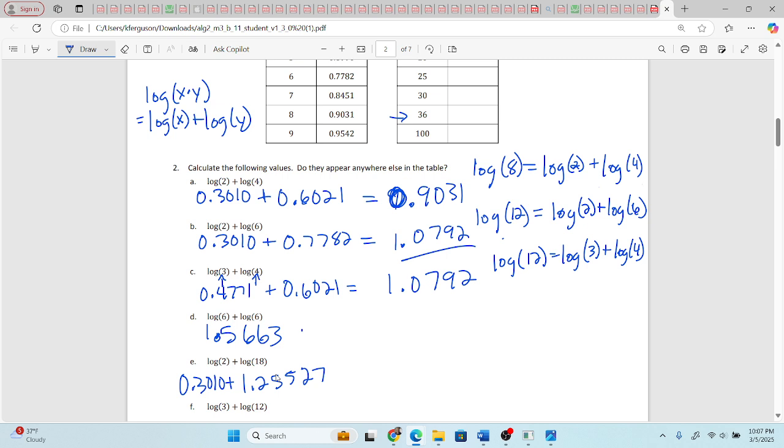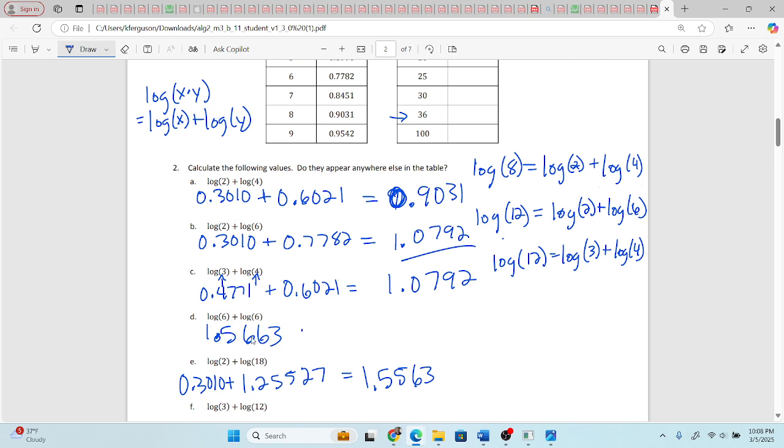If I take those two and add them together, I should get 1.5563. And isn't that what I told you we get when we took the log of 36?